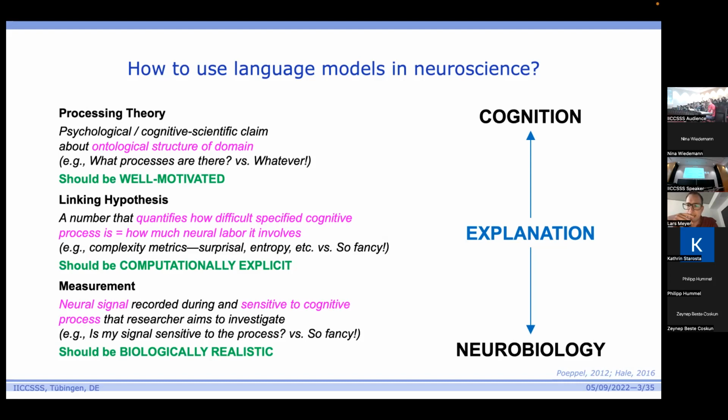When you have something like BOLD MRI, is it meaningfully related? Yes, but it's indirect, right? So these are the things that you have to consider. And ideally, you would have a measure where you can say, hey, this makes sense to match my cognitive process with.